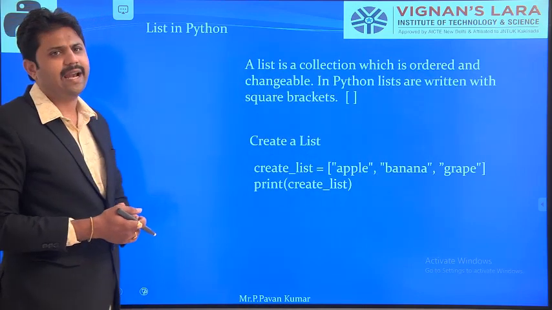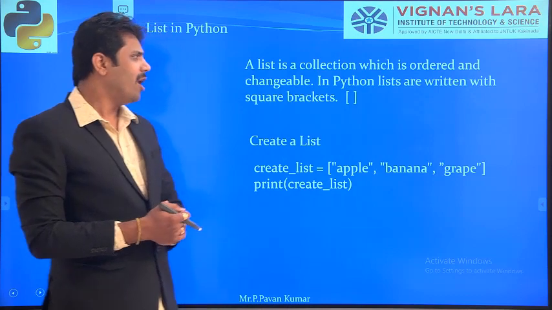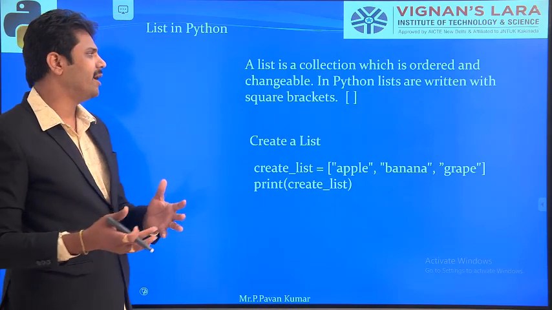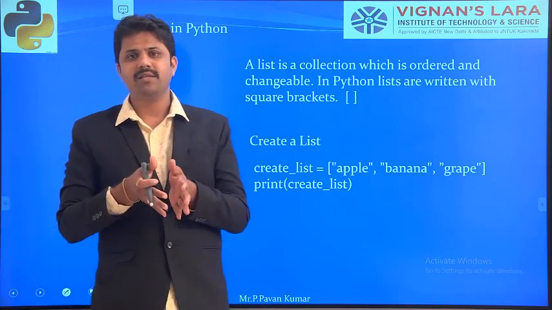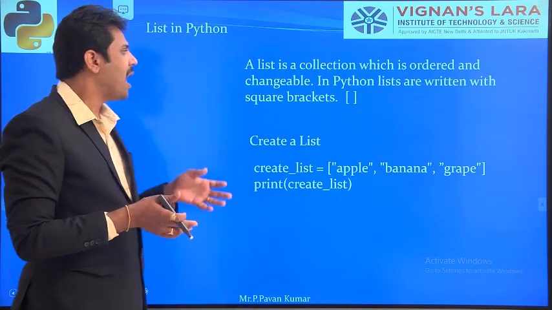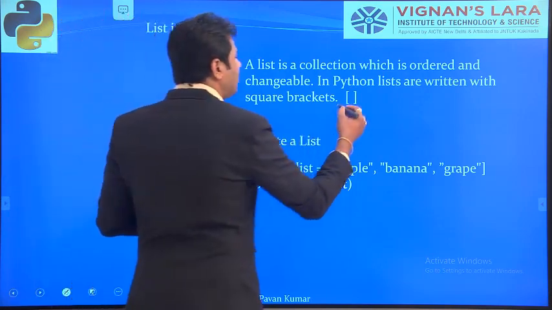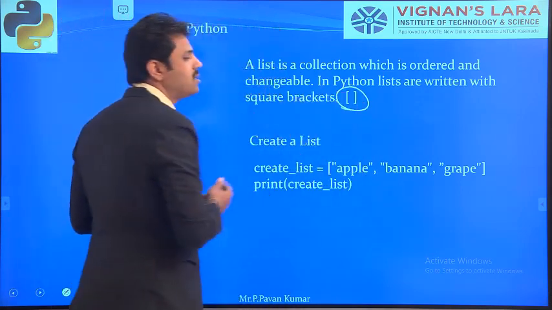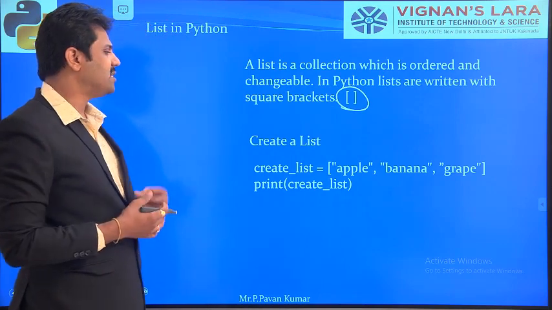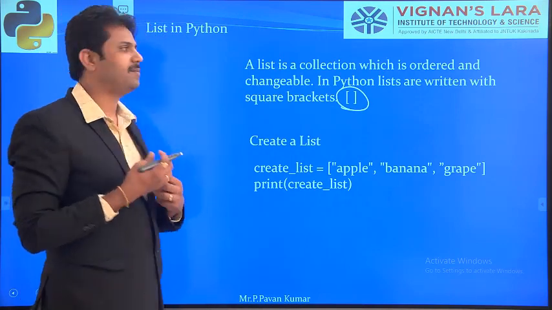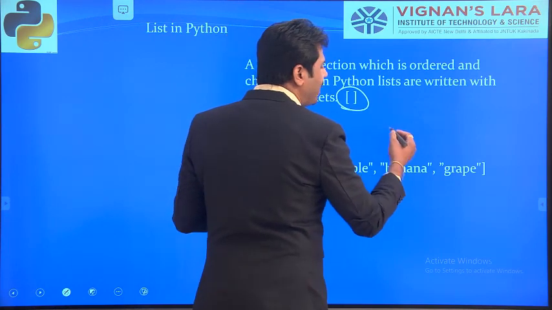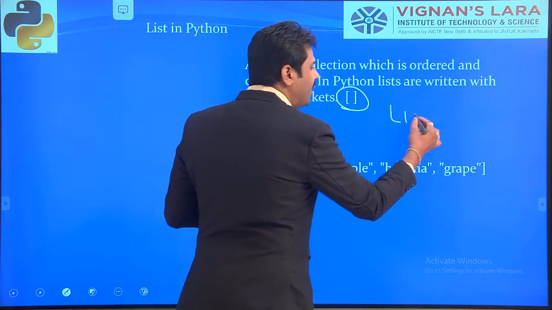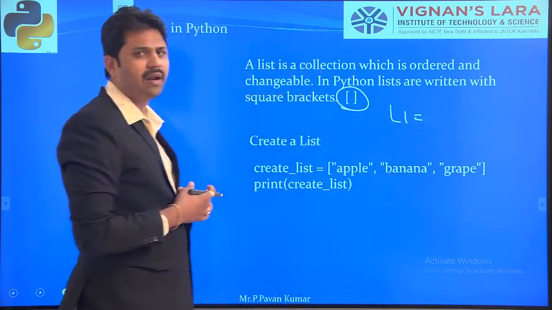First, take a list. We already saw a list is ordered and changeable. We can change the list directly. You can represent a list with square brackets. Let us create a list. I am creating a list L1.